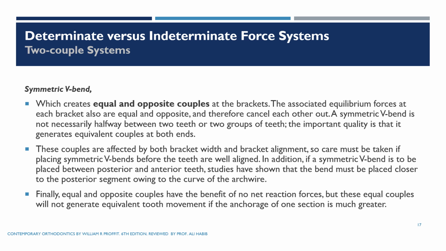An example of the symmetric V bend is when you have a transpalatal bar and you activate it in the middle. This will create equal and opposite moments on the molars, which will help them derotate in case the molars were rotated lingually.